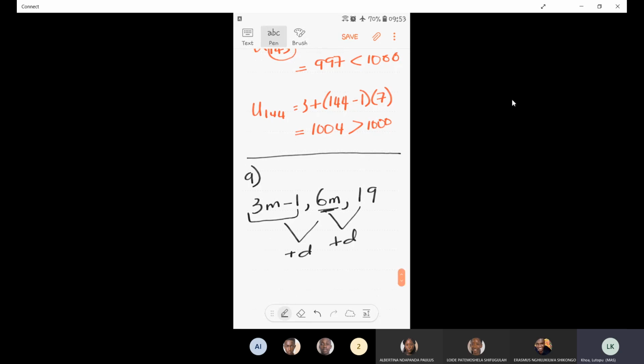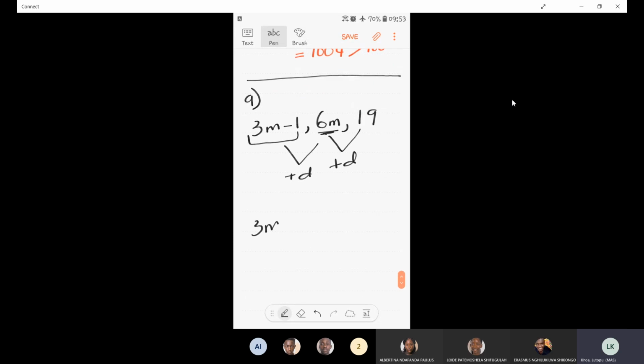So what I have is this 3m minus 1 plus d. This is equal to 6m. That is a property of arithmetic progressions. You add your common difference to the first term, it will give you the second one. And here, if I have the second one, and then I add d to that, I will end up with the third one, like that.